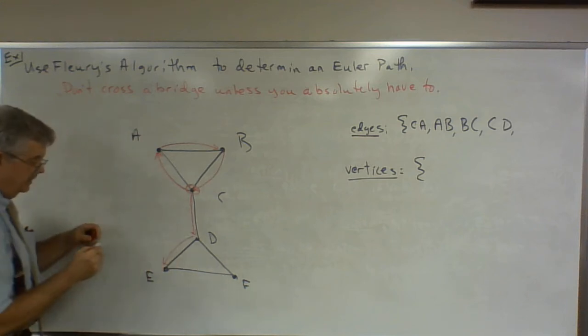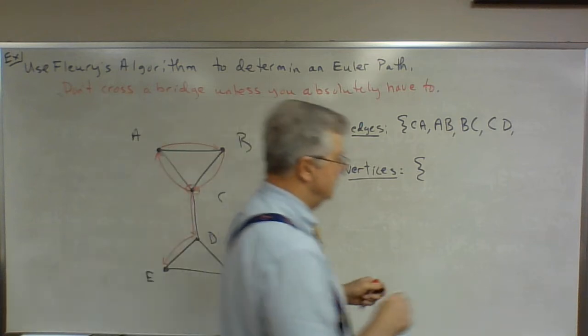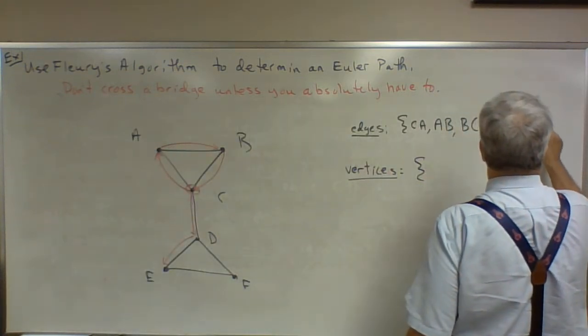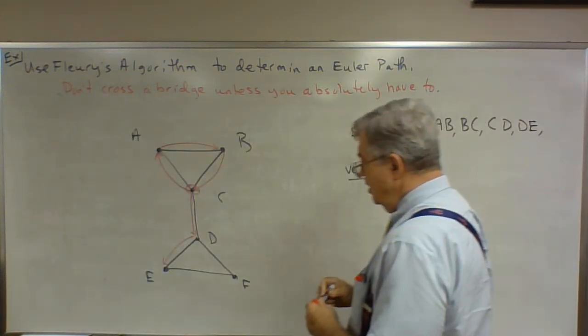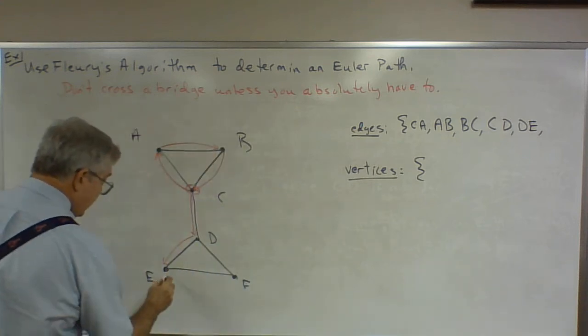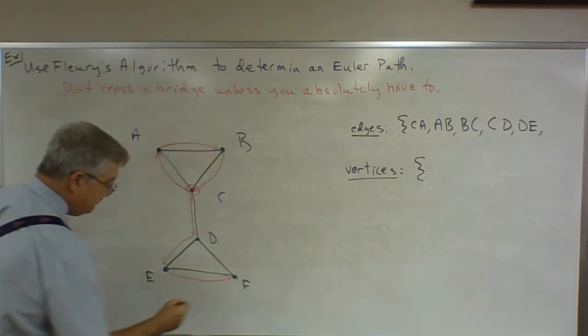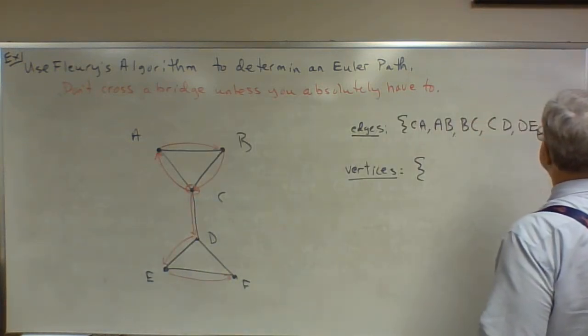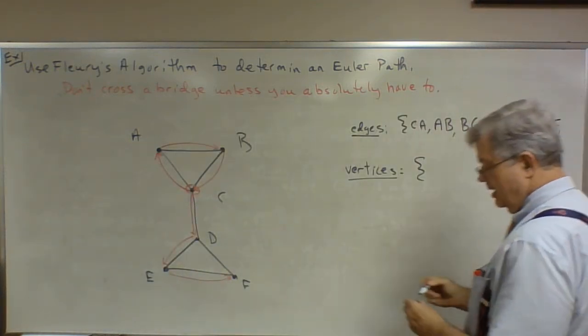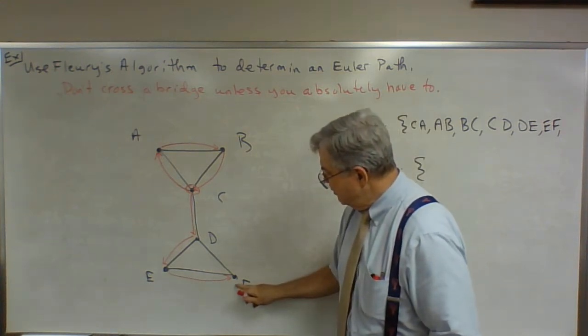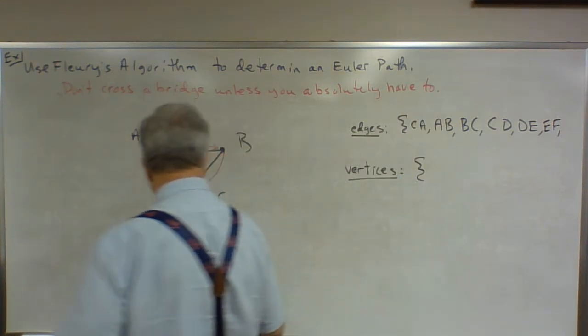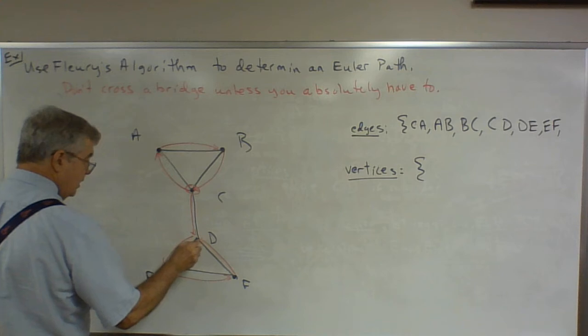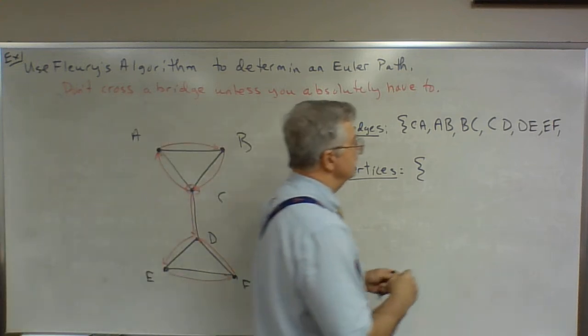So we'll go from D to E, and we'll go from E to F. And then finally, we'll go from F to D. And we got ourselves a path.